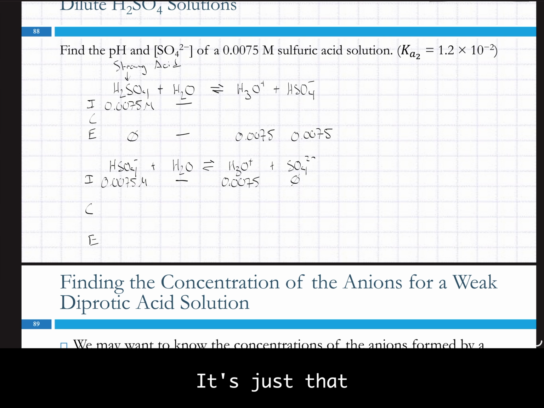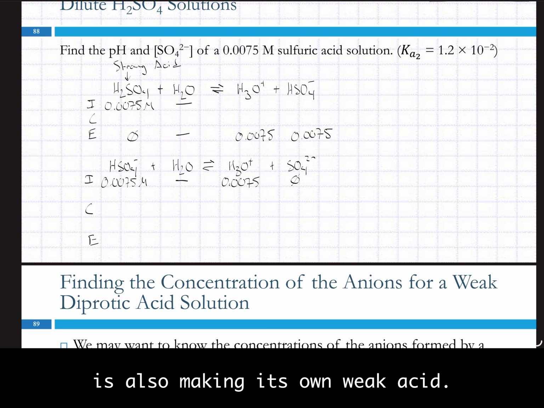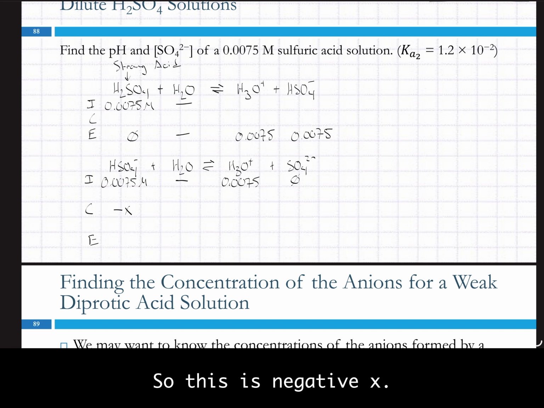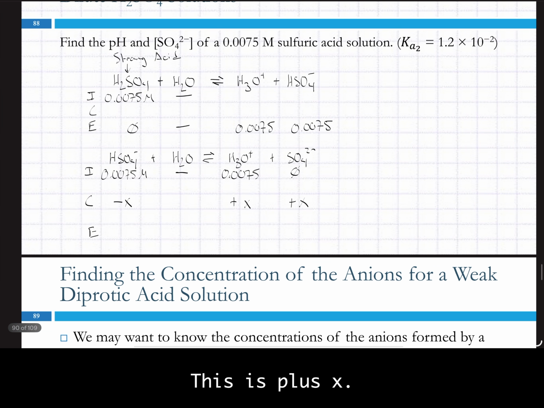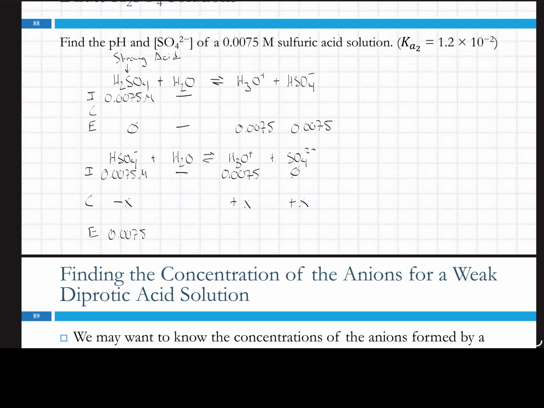It's just that the strong acid that's being added is also making its own weak acid. So this is negative X, this is plus X, this is plus X. So it's 0.0075 minus X, 0.0075 plus X, X.